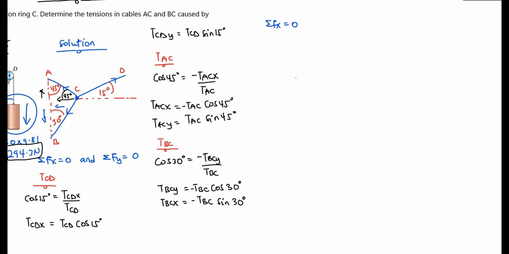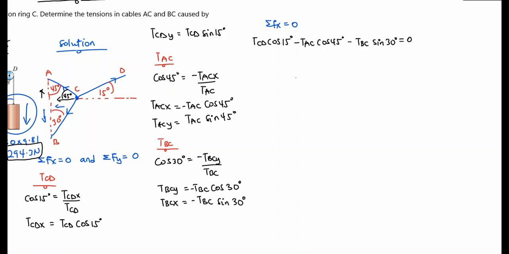We have the first one to be TCD cosine of 15 degrees, right? And then the second one will be minus TAC cosine of 45 degrees. And then the third one will be minus TBC sine of 30 degrees. This should be equal to 0, right?